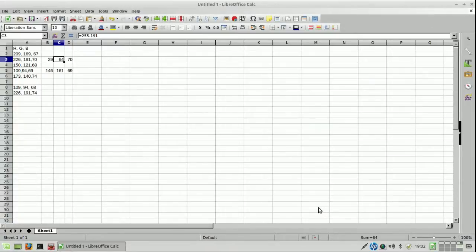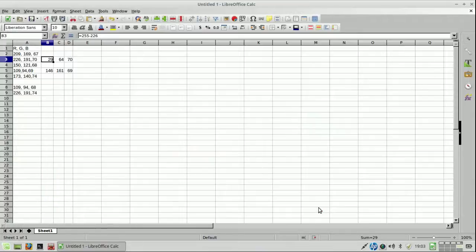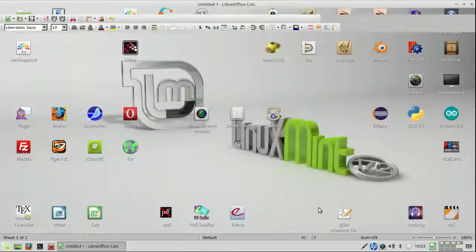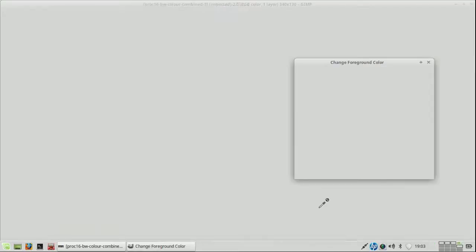Which is, by the way, 255 minus 191, and the last one becomes 29. No clue if it is going to work, but we will see. Then this is supposed to be the 69 value. Yes.